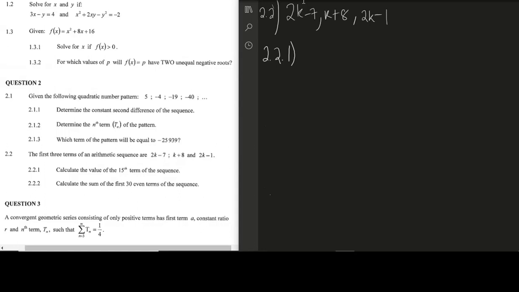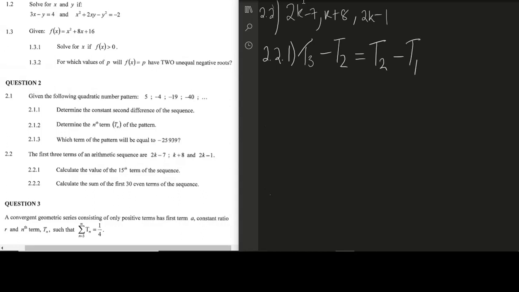So we first need to solve for k, and then we can have our sequence in numerical form. How we do that is we know that an arithmetic sequence has a constant difference, meaning that t3 minus t2 should be equal to t2 minus t1.